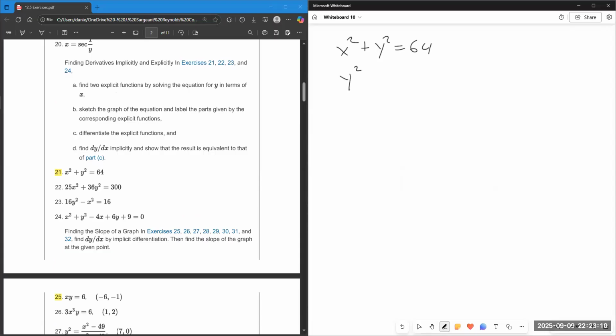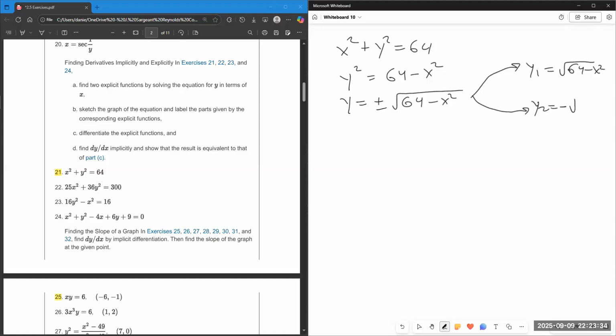So y squared equals 64 minus x squared, meaning y equals plus or minus the square root of 64 minus x squared. That means I'll call this y1 equals the square root of 64 minus x squared, and y2 equals negative root 64 minus x squared. We'll come back to those in a little bit.